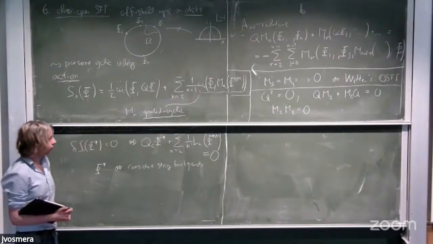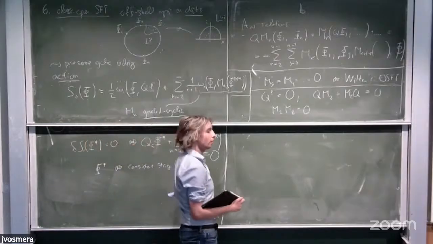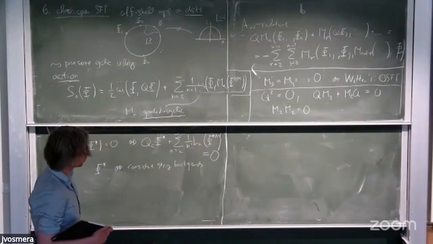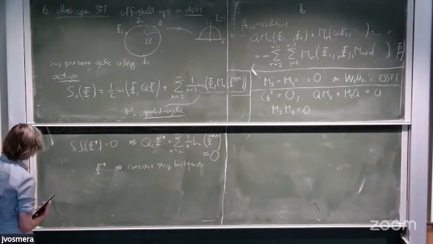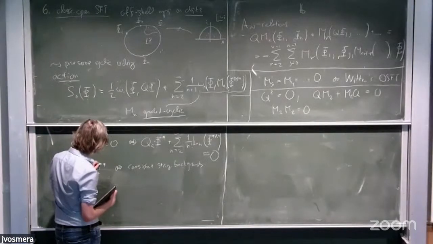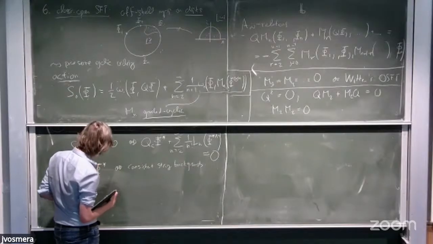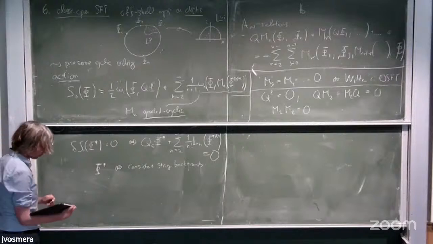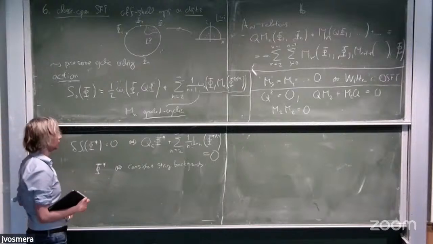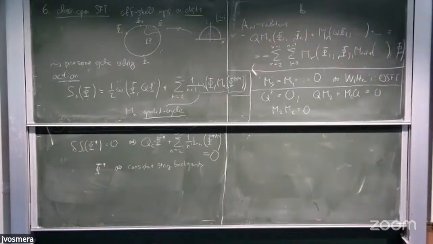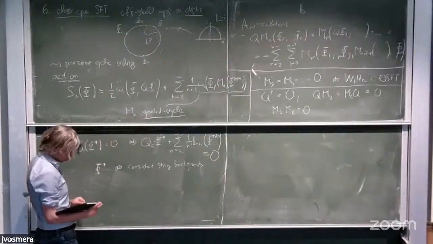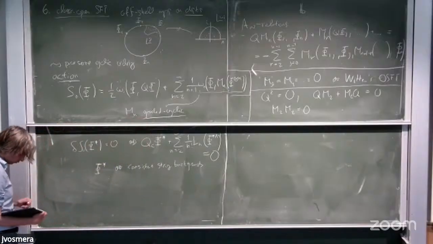That tadpole would have corresponded to an off-shell one-point amplitude, which, if we reduce it to on-shell, would have to give us an on-shell one-point amplitude, but these are known to vanish for a consistent string background, at least at a classical level. Of course, at a quantum level, the vacuum can get corrected, as I was trying to explain in the first lecture, and then phi star equals 0 is no longer a solution, and we have to do vacuum shifts.